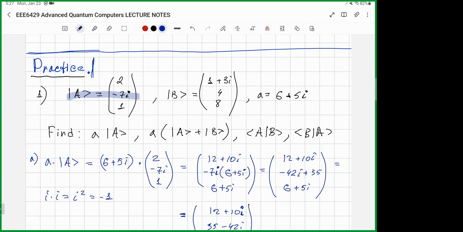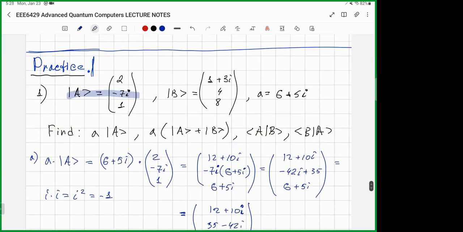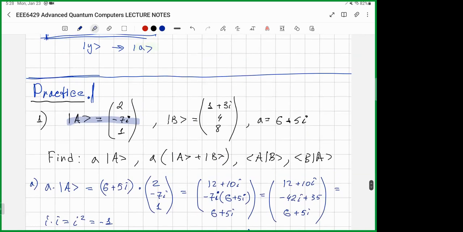So minus 7i becomes 7i. Yes. Okay, B vector in the ket representation, in this formula, you see this A, bra A times B ket. So B goes as a ket, and initially it was this one, right? Yes. I don't change this B.